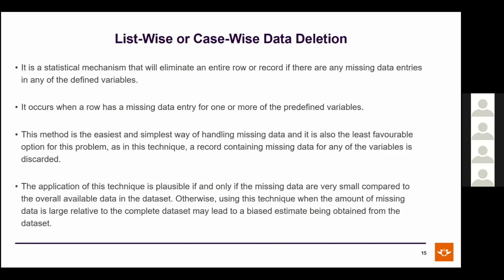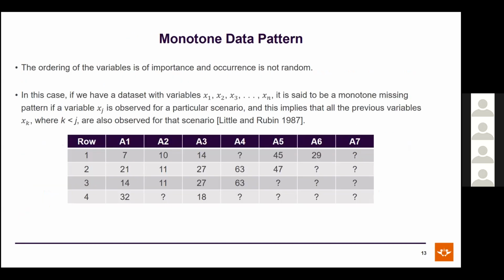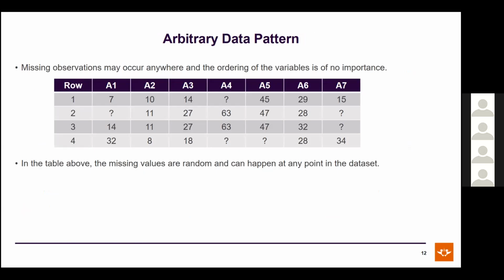And like I've been mentioning, it's the least favorable option for the missing data problem, as basically any record containing missing data for any of the variables is discarded. I will go back again to our table. We're going from 4 to 0 if we are applying that technique.